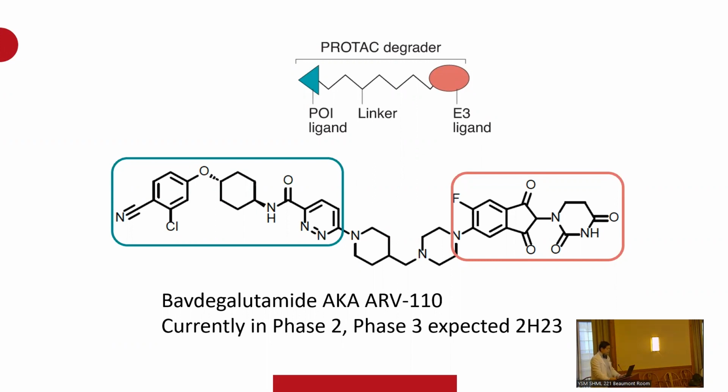This drug is currently in phase 2 trial, and the phase 3 trial is due to initiate in the latter half of this year. So for the next few slides, I'm going to talk about the development of this drug, as well as the data that they have shared through investor press releases, as well as the poster sessions that they have gone to in different cancer conferences.